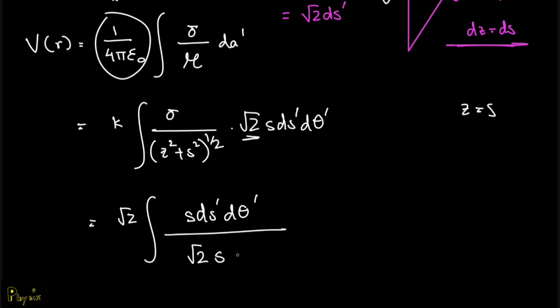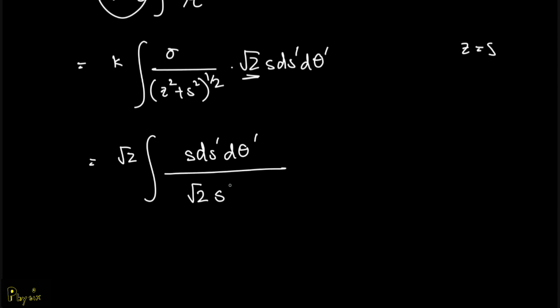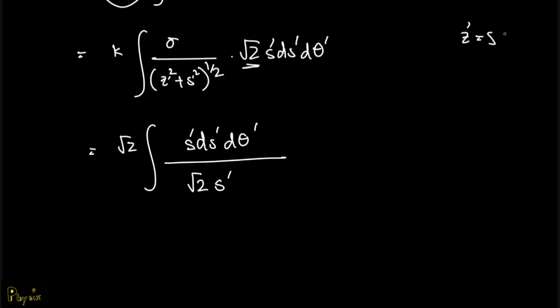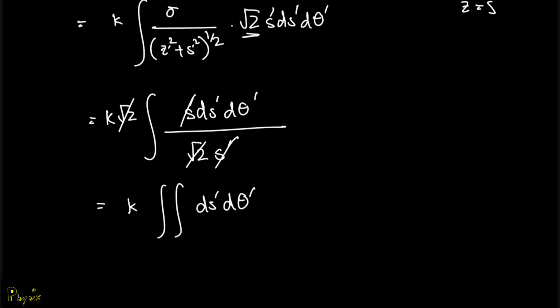The square root of s squared is basically s. I'm going to write this down as s primes because I'm referring to any arbitrary point, s primes and z primes. Anyway, as you can tell, the s's cancel out. I should have a k over here. The square roots of 2 cancel out, and then you have k times the integral of ds d theta, and this should be a double integral actually.